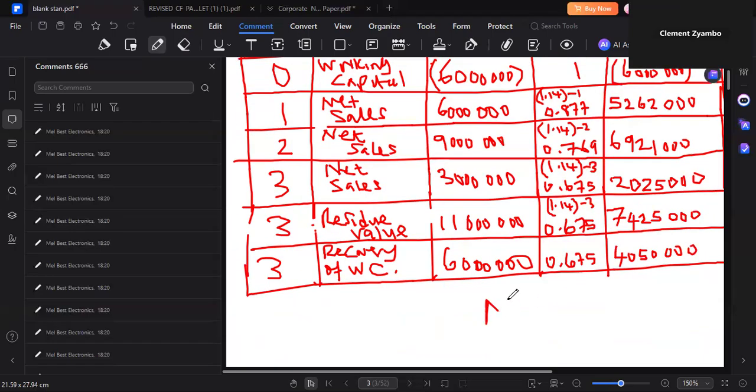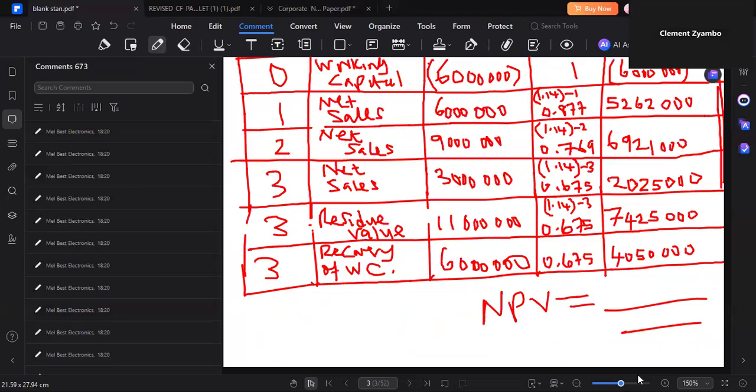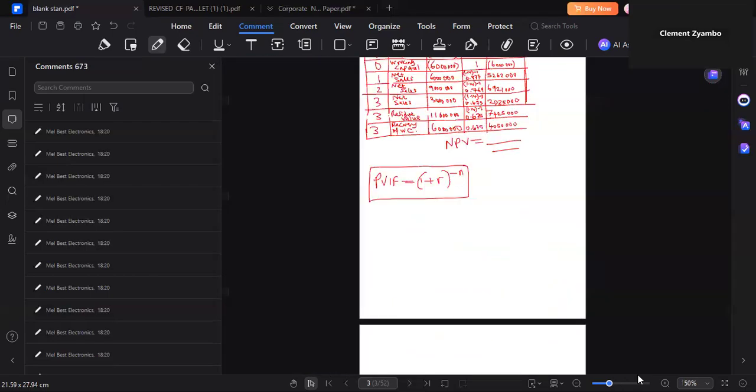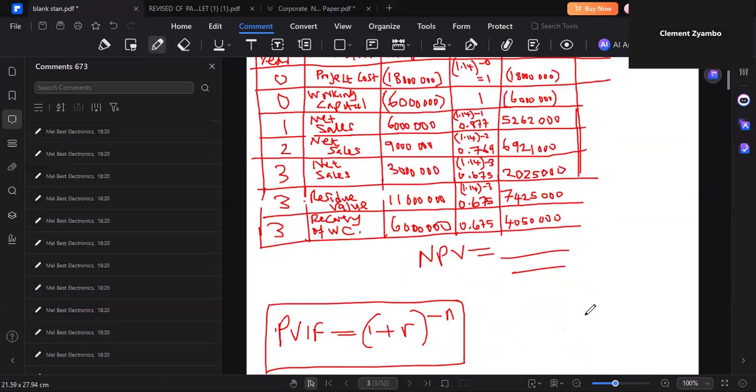So our NPV in this case is equal to the sum of present values of all cash flows minus the initial investment in the project.